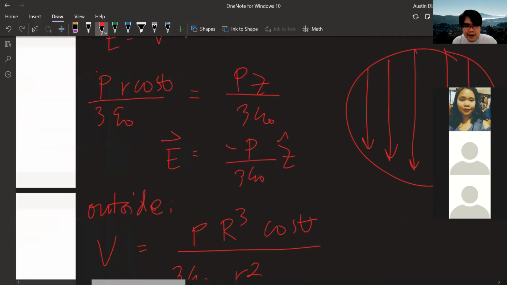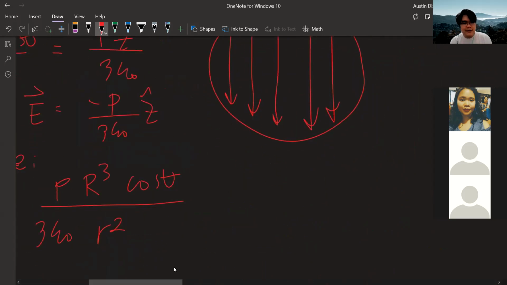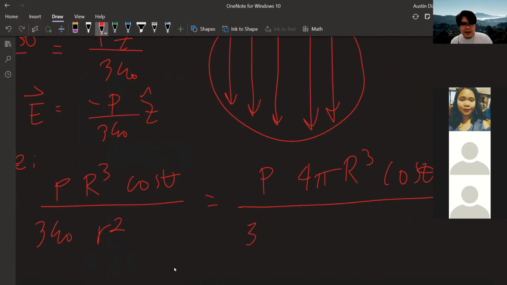Okay, I could write this down as lagay ako ng P 4 pi r cube cosine theta. And this is syempre magkakaroon din ako extra 4 pi, then 3, and then r squared.